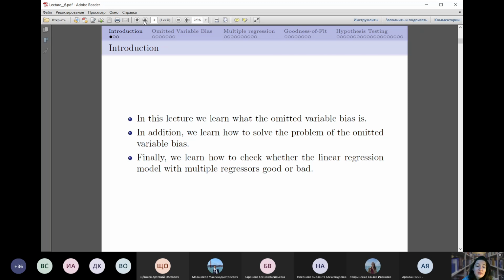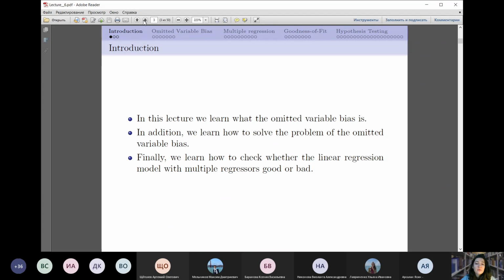And the method of ordinary least squares is popular, used for estimating the parameters of multiple regression analysis. Again, I want to stress that ordinary least squares mechanically is the same as in the simple regression model, but we discuss some details.